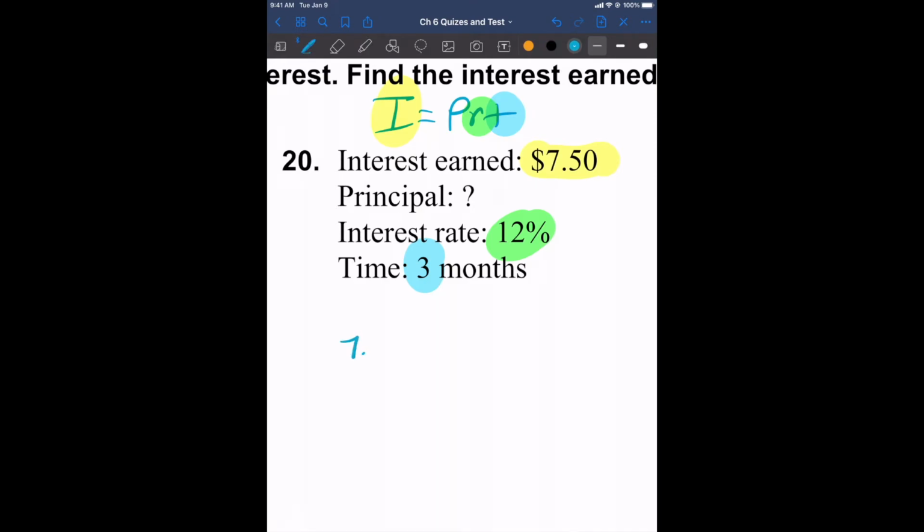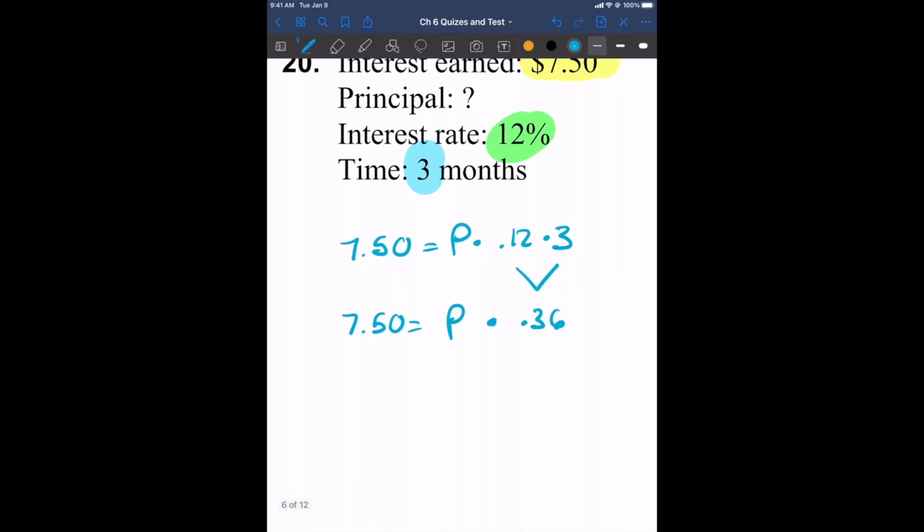So it's going to be $7.50 equals P times 12%, which is 0.12, times 3. Now, to solve for the variable, combine the like terms first. 0.12 times 3. You get 0.36. So now I have $7.50 equals my principal times that. How do I get 0.36 out of there? You divide it out.